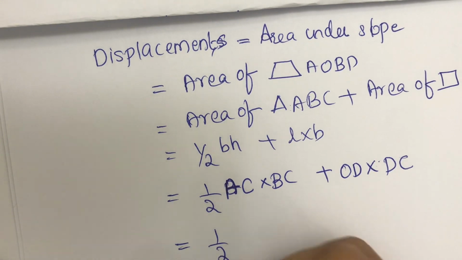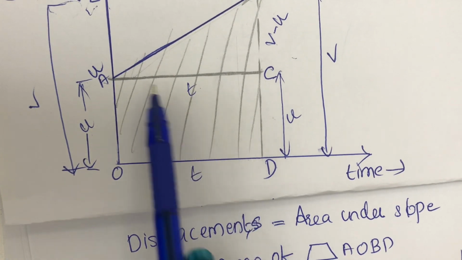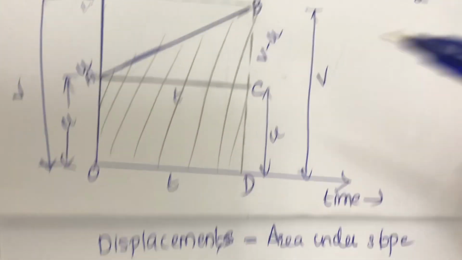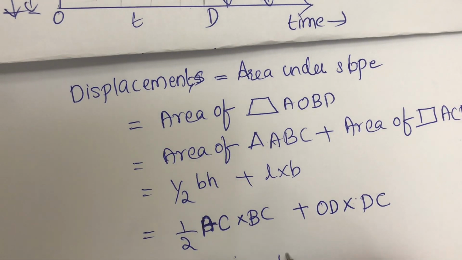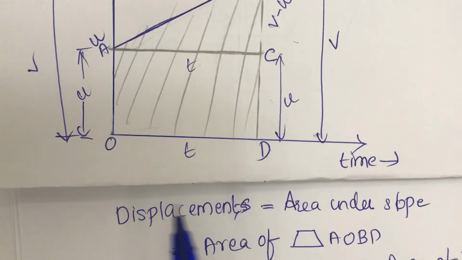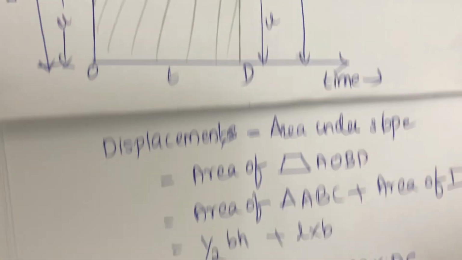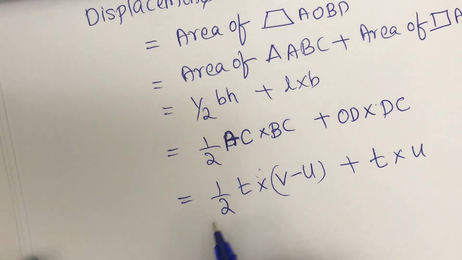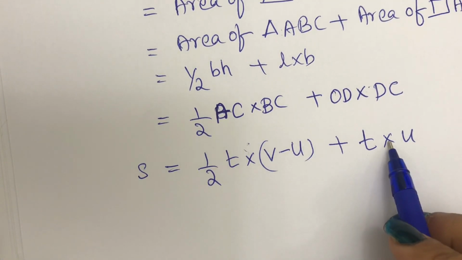So half, what is AC? AC is T. So here it is T, so this will also be T. AC is T into BC, which is V minus U. V minus U plus what is OD? OD is T. T into DC, which is U. So we have got S is equal to half T into V minus U plus T into U.